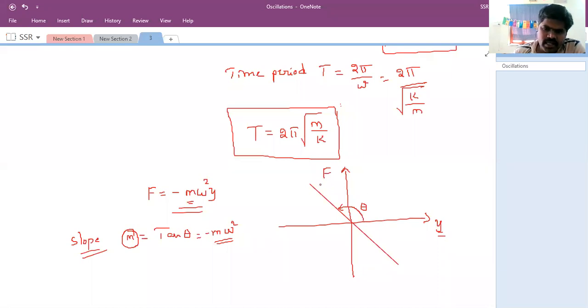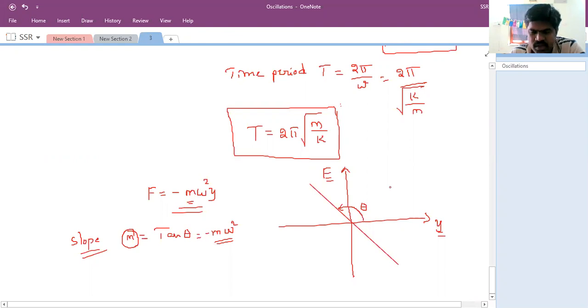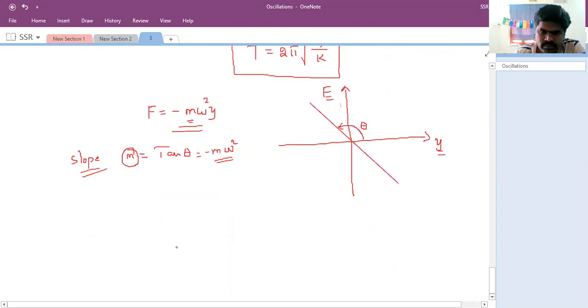So this F you can define as the restoring force for SHM. Why I am calling it restoring force, you can observe here. The particle moves from the mean position, a displacement towards the right to point B and towards the left to point A. While the particle is moving from the mean position to the extreme position, displacement y is increasing.